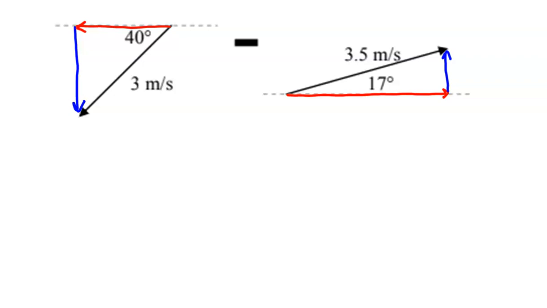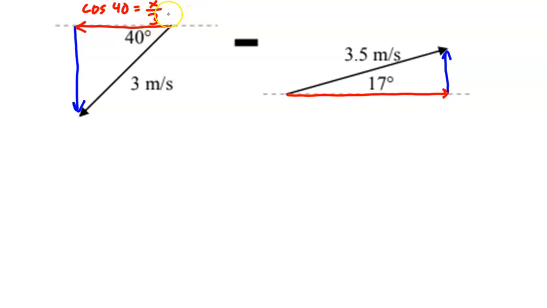We call them components. So for the horizontal component, the hypotenuse is given, and this one is adjacent to the angle, so that would be a cosine function. For math, you would know that cosine of 40 equals adjacent over hypotenuse, so that would be the unknown over 3.